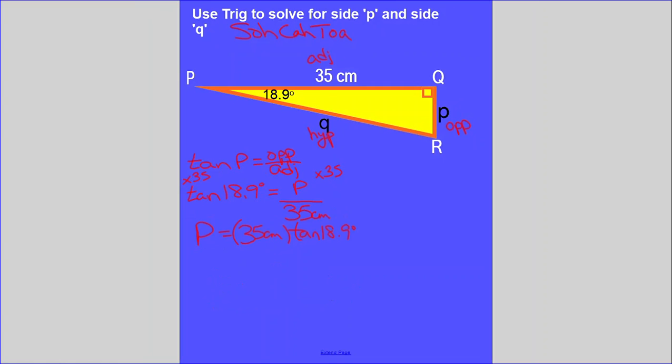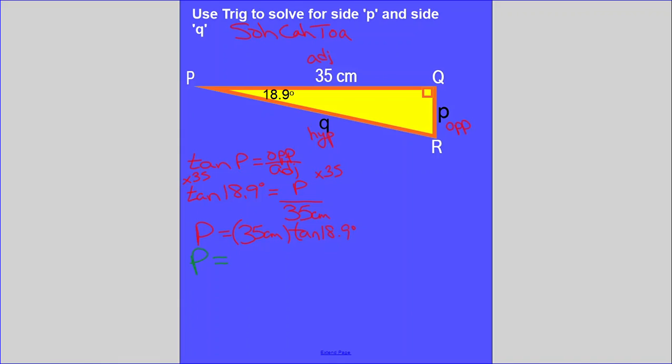So let's break this apart into smaller pieces. P is equal to 35 times tan of 18.9. I'm going to do the tan of 18.9 first. Now I don't need the second function button here because I'm given the angle.